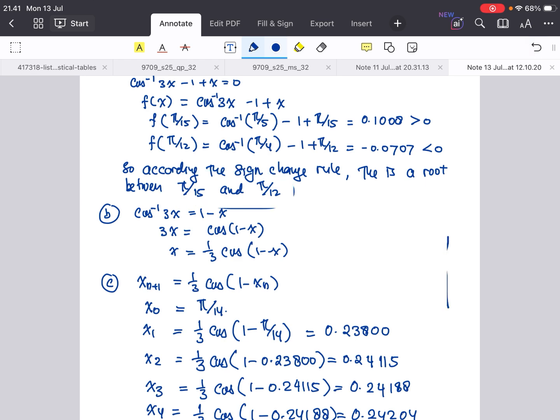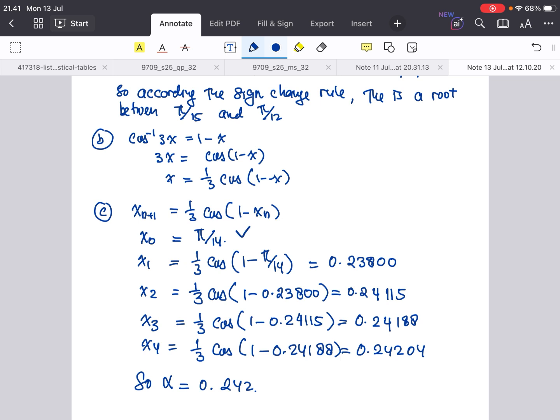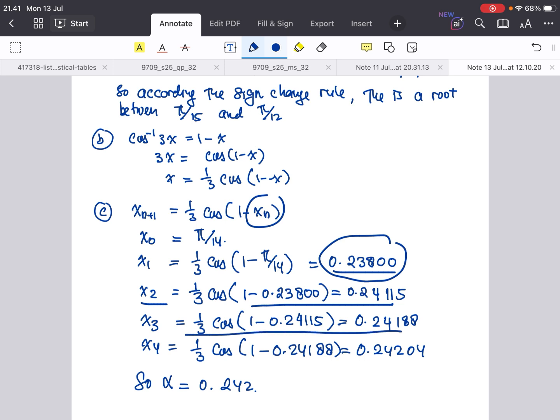So for x1, this is the starting value π/14. For x1, we input π/14 here. We get this. And then for x2, we input this value here. We get this. And so on, and so on.